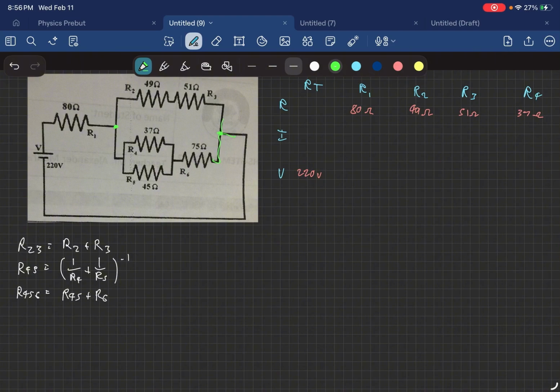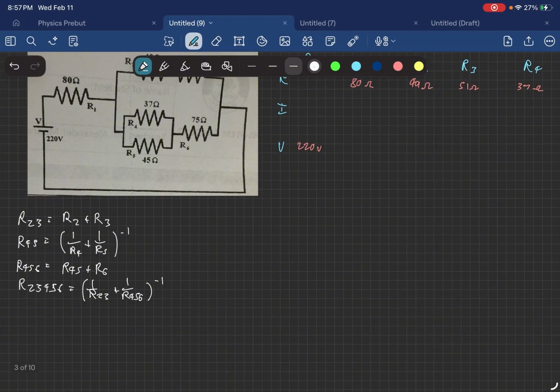So R23456 is equal to 1 over R23 plus 1 over R456, raised to negative 1.